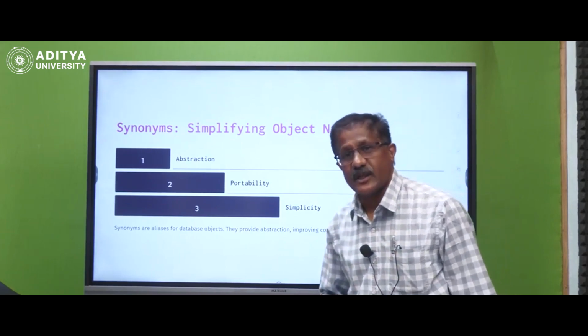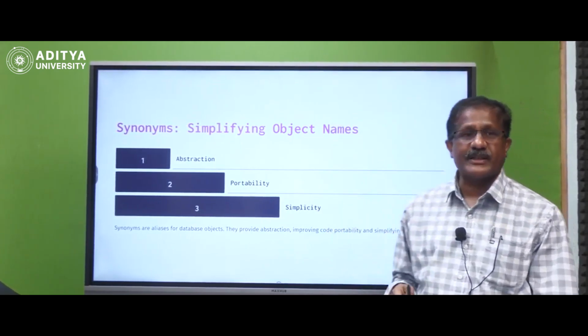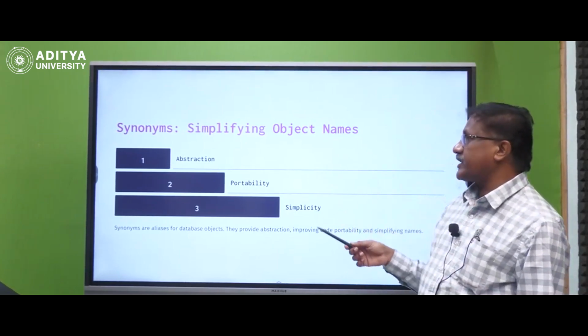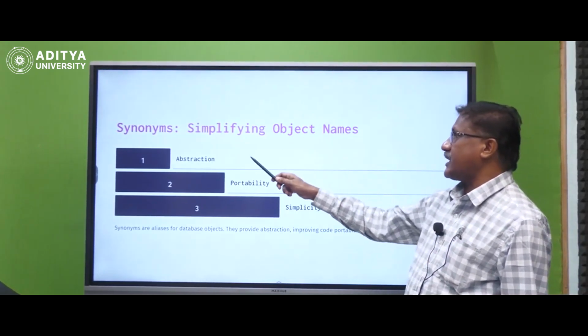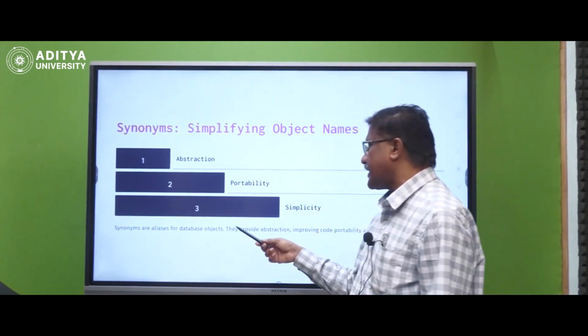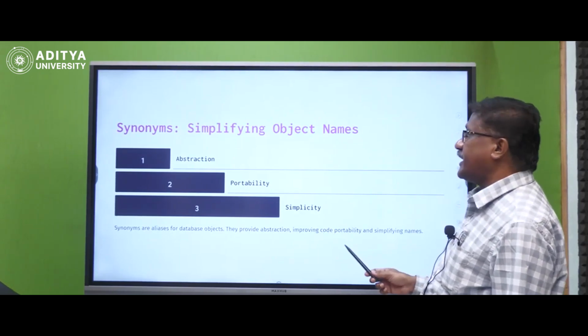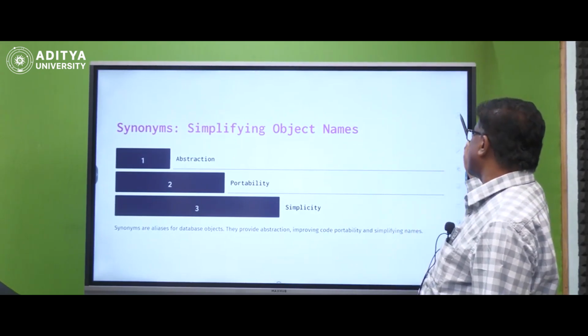Another database object is synonym. It simplifies the object name. Synonym is nothing but the same meaning, but here we are having the object. Simplify the object name, abstraction, portability, simplicity. These are the three concepts applicable in database objects. It provides portability and simplifies the names for particular objects on the table.